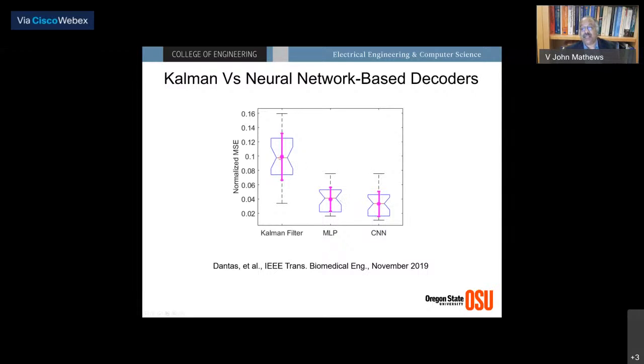Obviously, you can see that the neural networks work a lot better than the Kalman filter. And that's essentially the point that we are trying to make. There is a lot of information in how we created this, including how the networks were trained, and I will talk about that for one more slide. Again, you can see all those things in our Transactions on Biomedical Engineering paper of 2019.